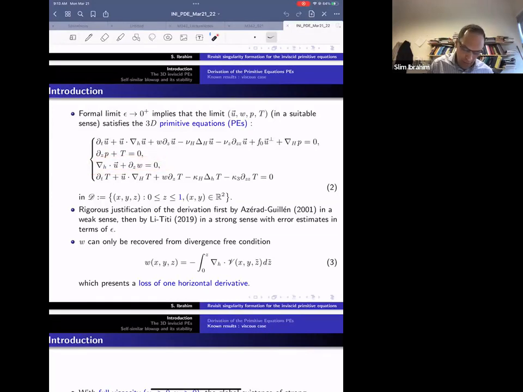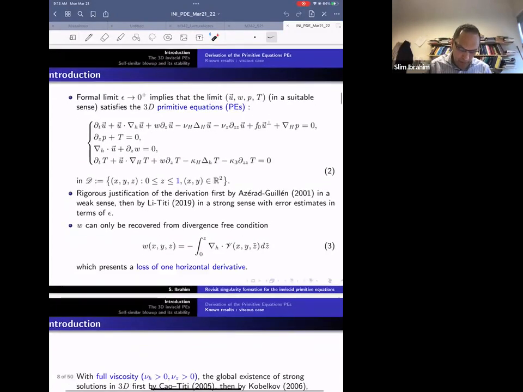So W can be recovered by integrating the incompressibility condition, and there is no dynamic of it. And this observation really made the analysis of these primitive equations quite challenging in terms of well-posedness.